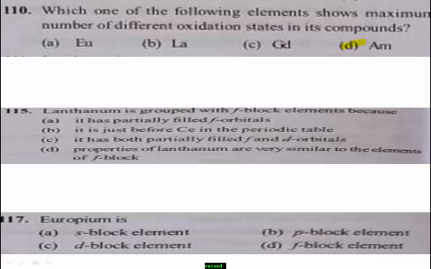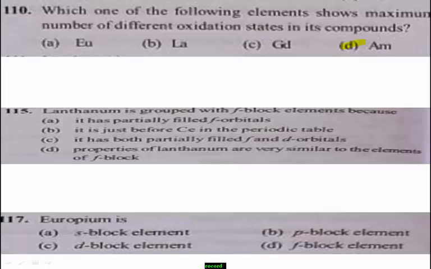The question is, lanthanum is grouped with F block elements because: option A, it has partially filled F orbitals. Option B, it is just before cerium in the periodic table. Option C, it has both partially filled F and D orbitals. Option D, properties of lanthanum are very similar to the elements of F block.